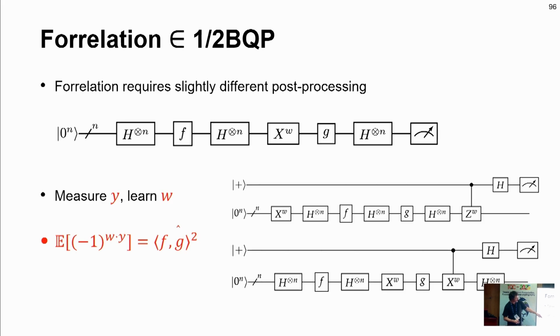And you're left with a variant of that circuit here where G is sandwiched between X to the W and X to the W. And it turns out that if you have, let's say, a K-correlation circuit, and you sandwich the last function in your K-correlation with these bit flip errors, it computes the K-correlation squared value.